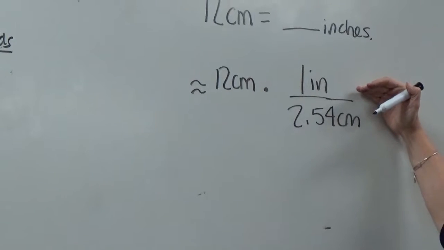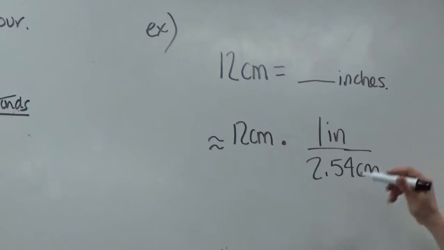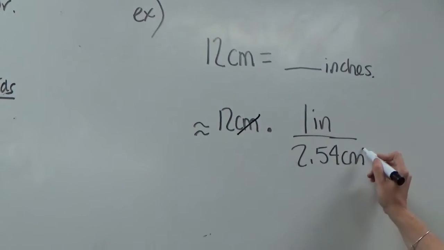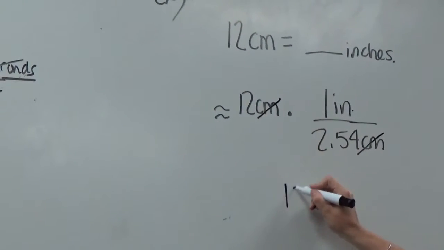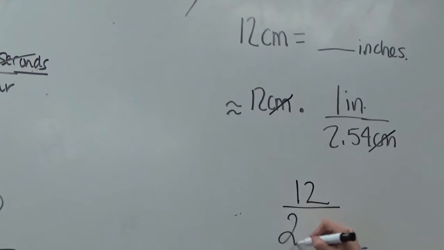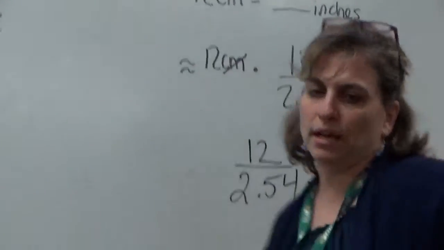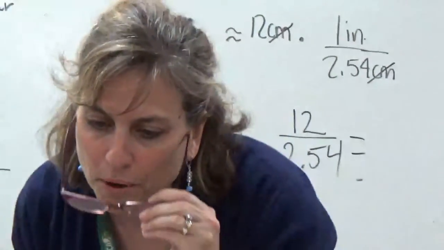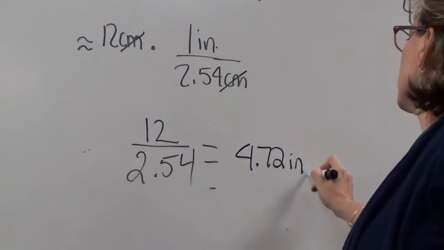The conversion in your book will tell you 1 inch is 2.54 centimeters. That's good because it's going to cancel the centimeters out, and I'm left with inches. So 12 times 1 is 12, divided by 2.54. If you did that division out, it's going to equal approximately 4.72 inches. Again, I'm going to let you use your calculator.